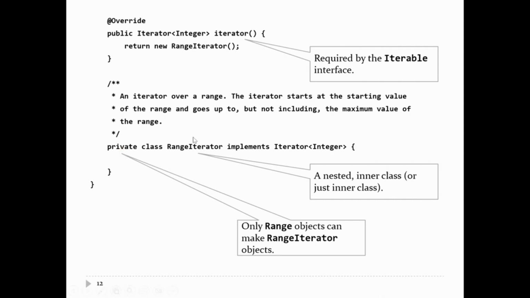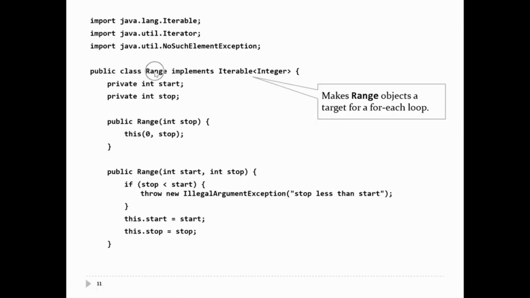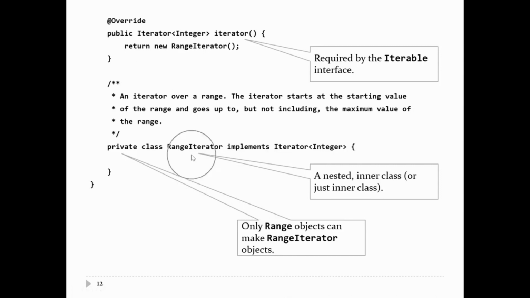What that means is that only the range class can actually see the range iterator class. So only range objects are able to make range iterator objects. That kind of makes sense, because no one else needs to make a range iterator object. You need a range to iterate over, so it doesn't make sense for anybody else to independently make a range iterator object.